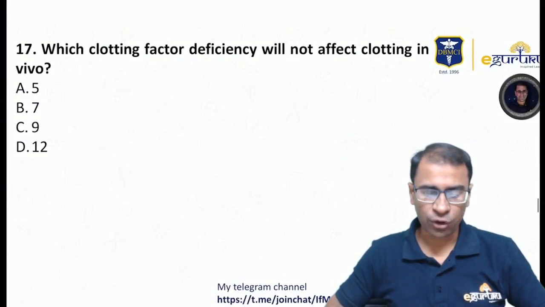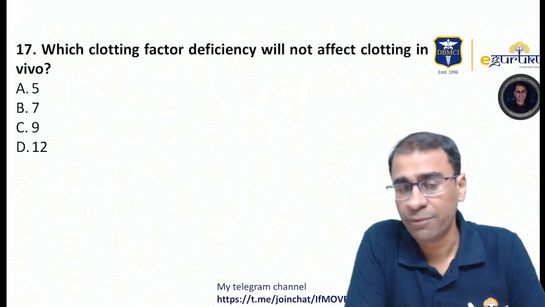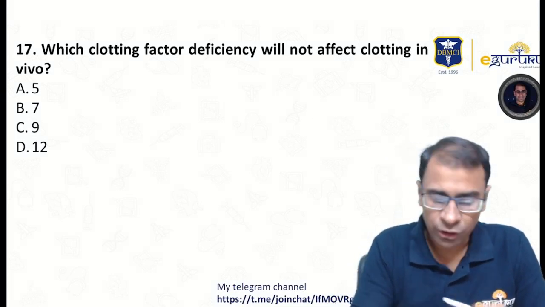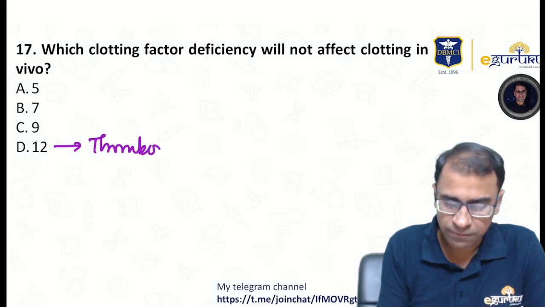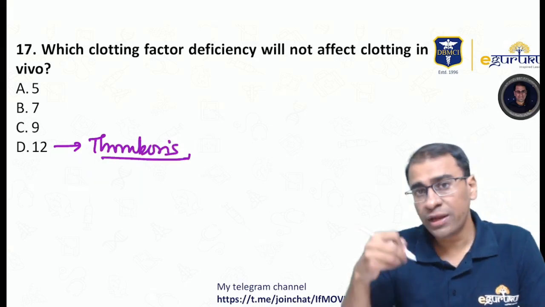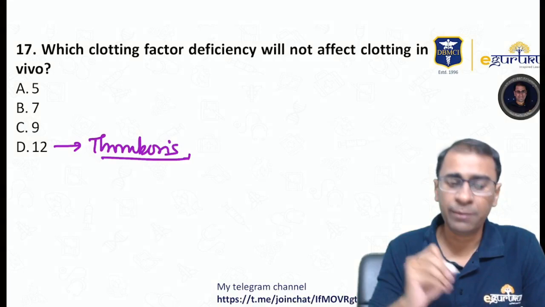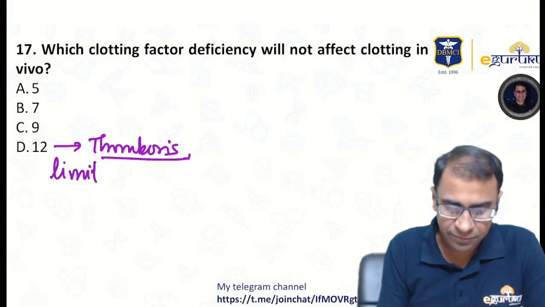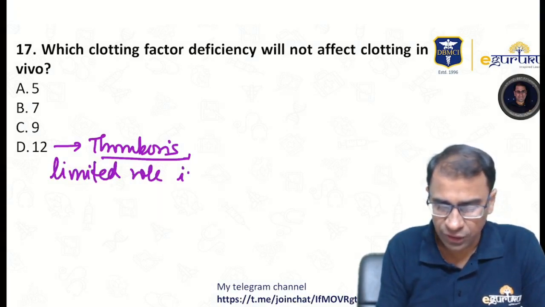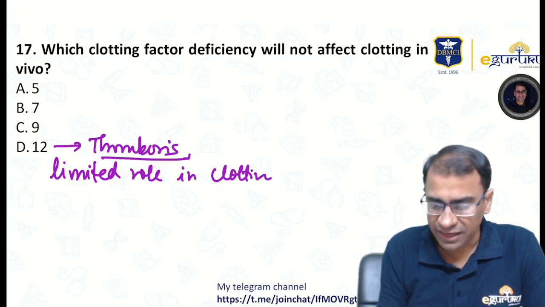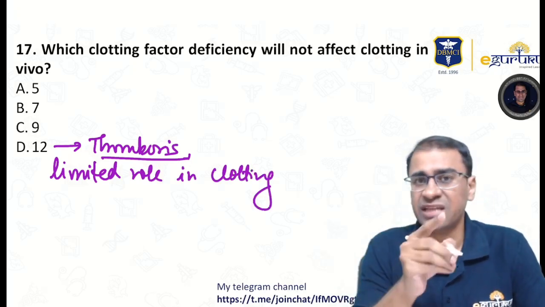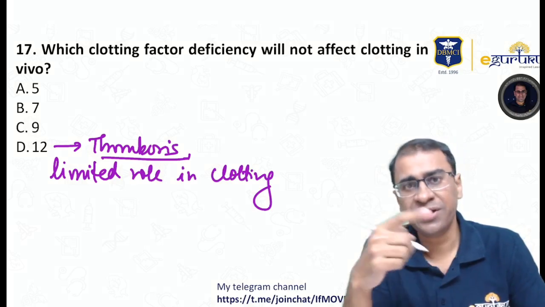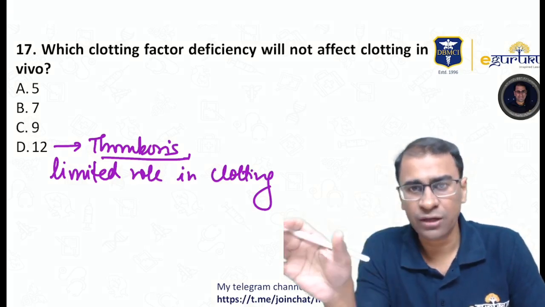Okay. Which clotting factor deficiency will not affect clotting? Remember this unique fact that factor 12 deficiency leads to thrombosis. In fact, it has a very limited role in clotting. And therefore, if you remember, the 12 deficiency neither causes increase in the APTT nor causes increase in the PT, either of them.